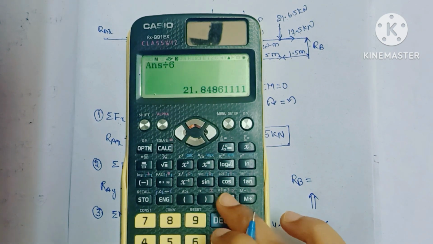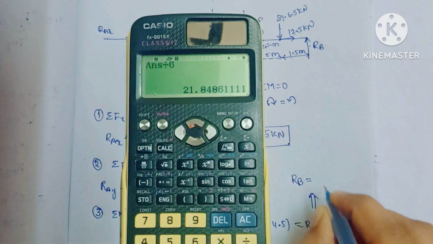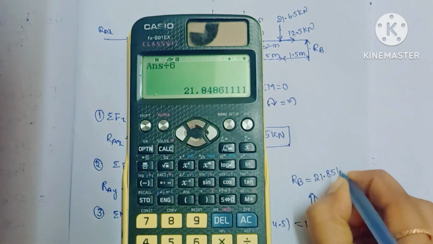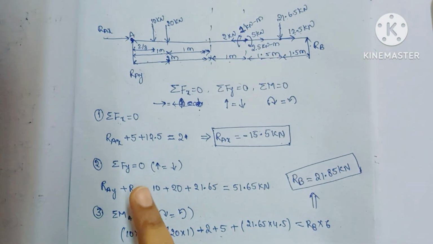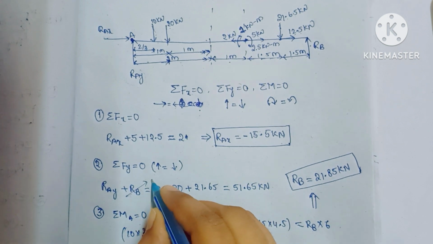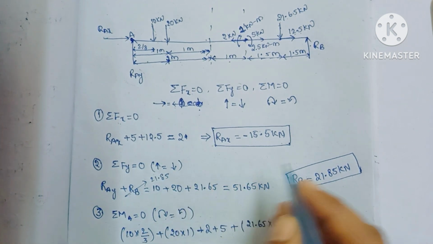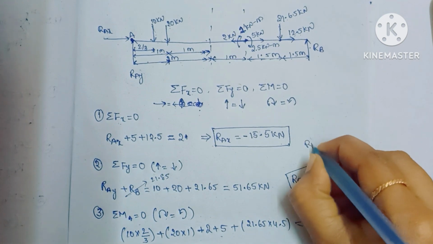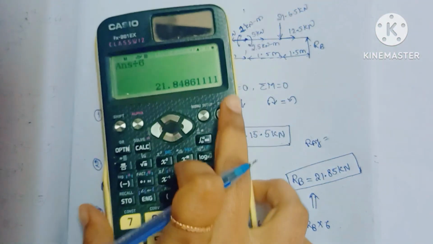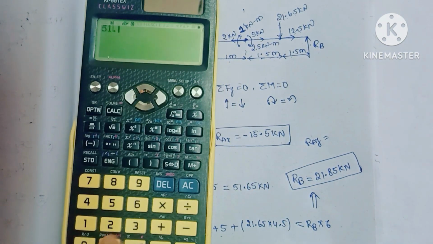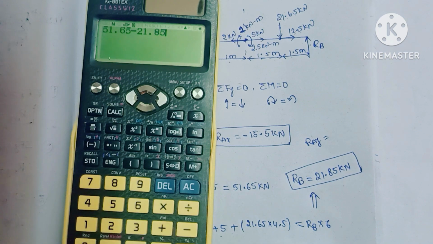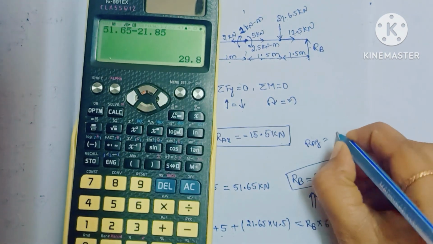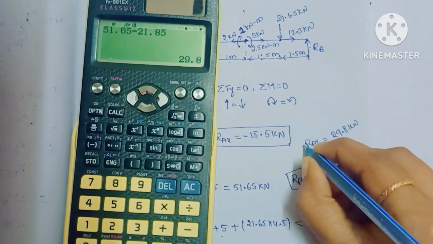For decimal we have to click this one. So 21.85. We got 21.85 kilonewtons of force RB. So if we substitute RB in this equation, if RB equal to 21.85 kilonewtons, then RAY, which is equal to 51.65 minus 21.85, we will get 29.8 kilonewtons of force.